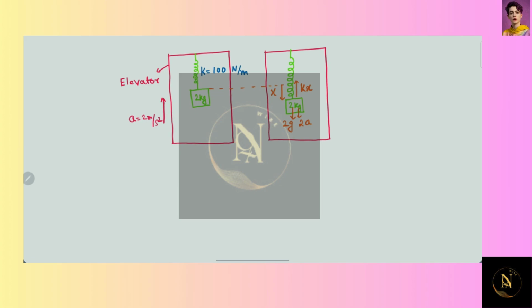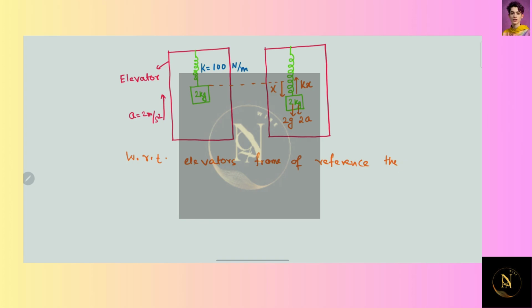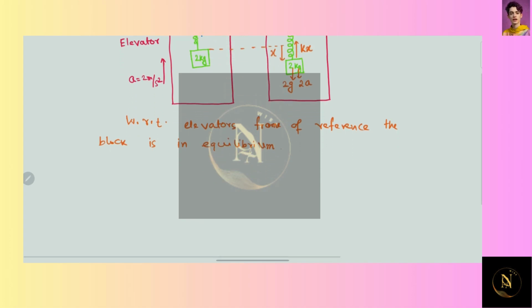So now with respect to the elevator's frame of reference, the block is in equilibrium, so the net force on the block has to be 0.